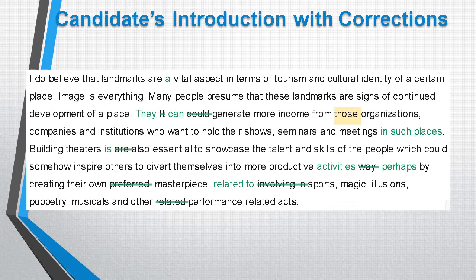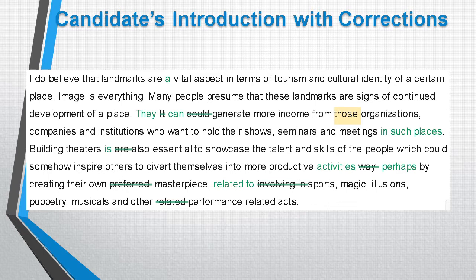So this is a problem with what we call referencing, and it can really confuse a reader if you don't get your referencing correct. Referencing is when, instead of saying landmarks can generate more income for those organisations, you say they can generate more income for those organisations. So referencing means you don't have to repeat the main noun of a sentence over and over again.